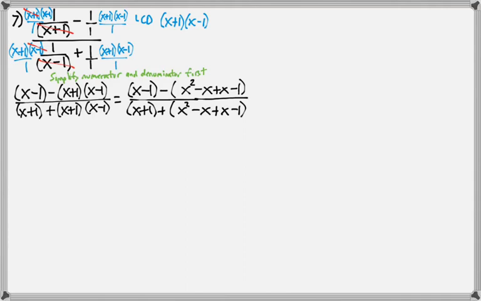And then if we combine like terms, it'll be x squared minus 1. Okay, so let's rewrite this without parentheses.